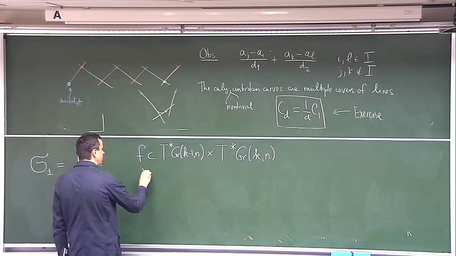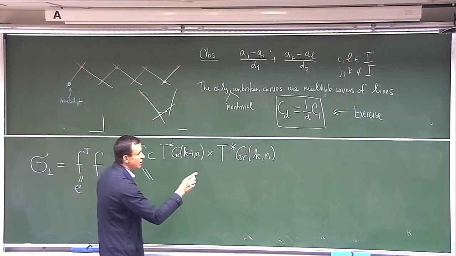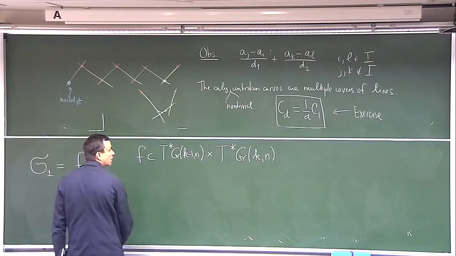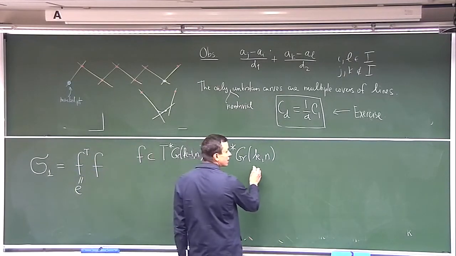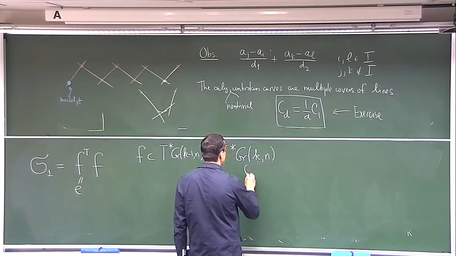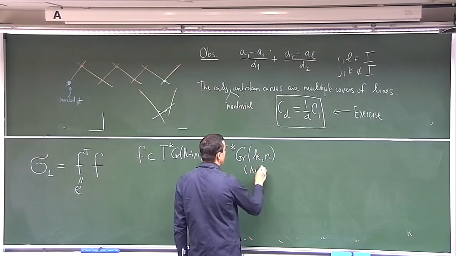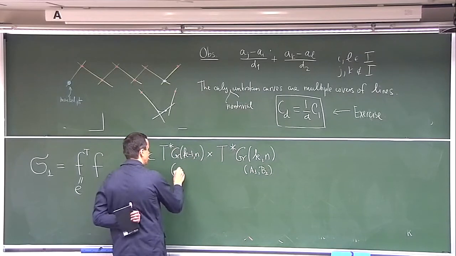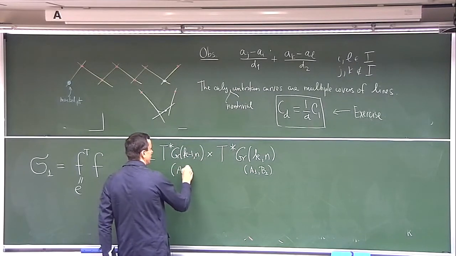What is it formed by? It's formed by pairs. Here I have a pair A1, B1, and here I have a pair A2, B2.